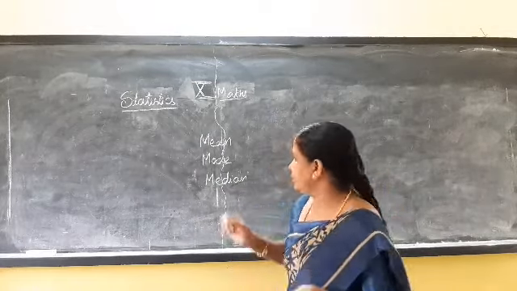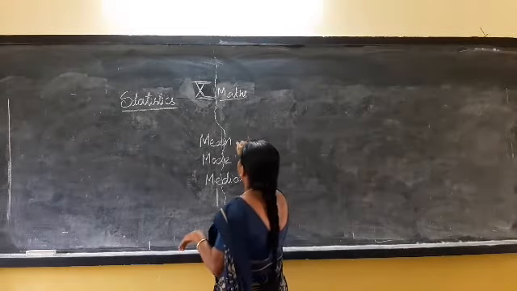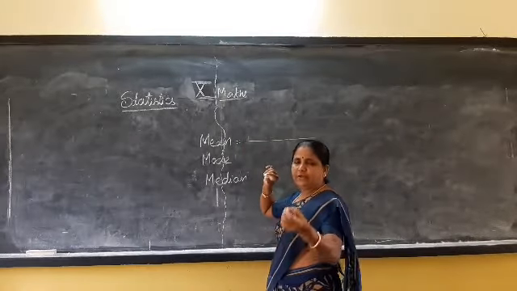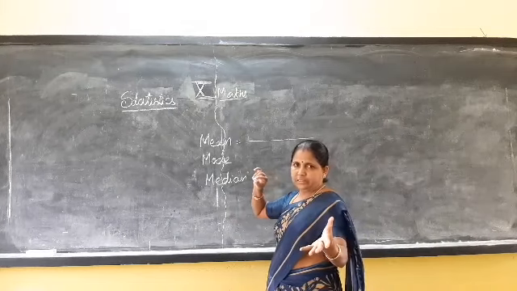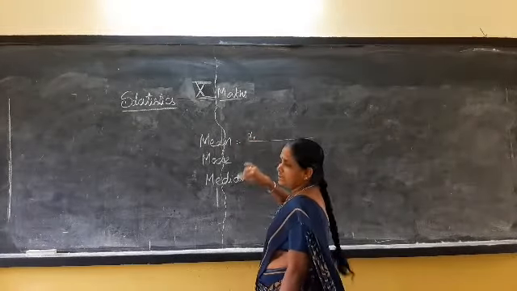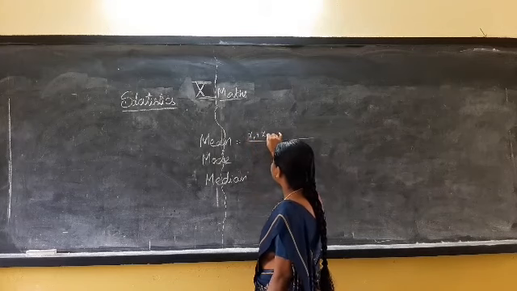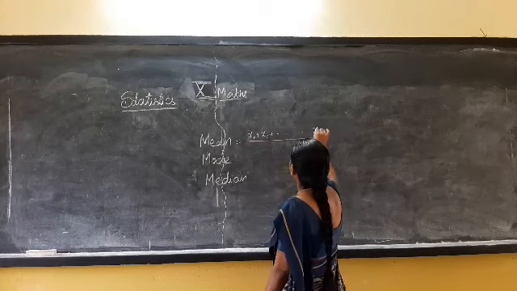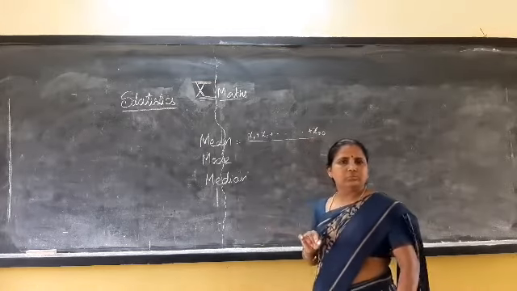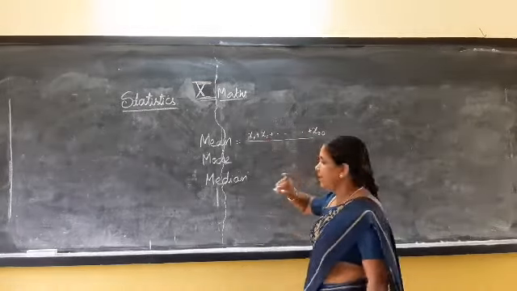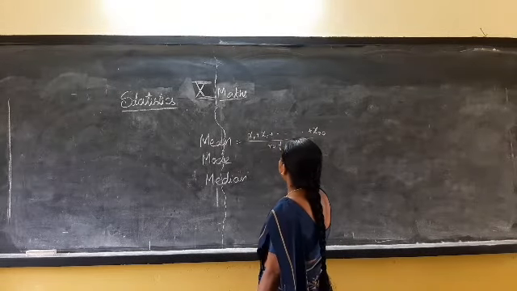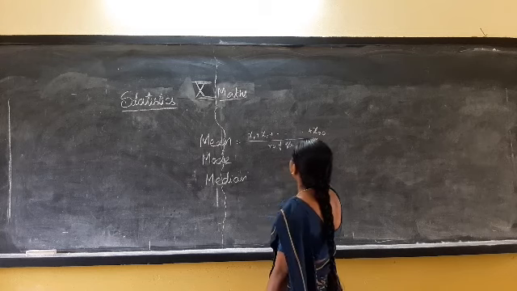And for that, we find the mean by adding all the values. For example, I conducted a maths test for 20 marks. The first student's marks is x1, the second student's marks is x2, like that there are 20 students in total. So all the 20 marks we will write down and add. And what is the number of students? Totally there are 20 students.